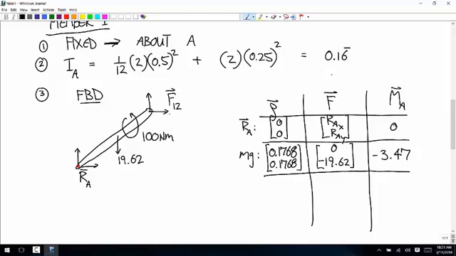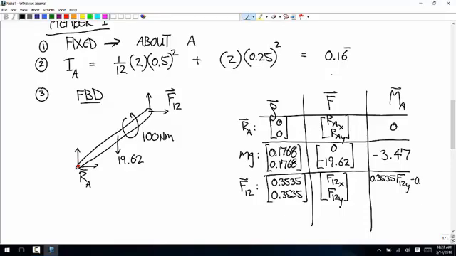And then the force F12, the rho vector is 0.3535, 0.3535. Force vector is F12X and Y. Cross product is 0.3535 F12Y minus 0.3535 F12X.